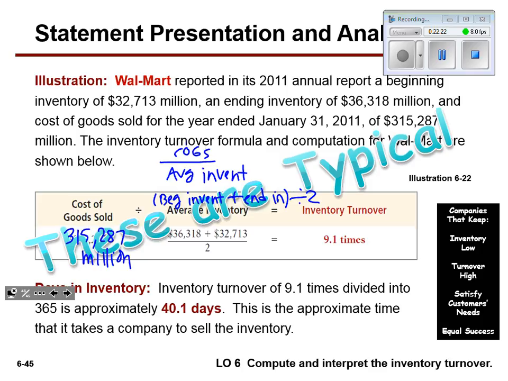Here is the average inventory, the beginning, plus the ending, divided by 2. So inventory turnover is happening 9.1 times throughout the 12-month year. So think of a Walmart with all of the mass amounts of inventory in the store and in the back room.